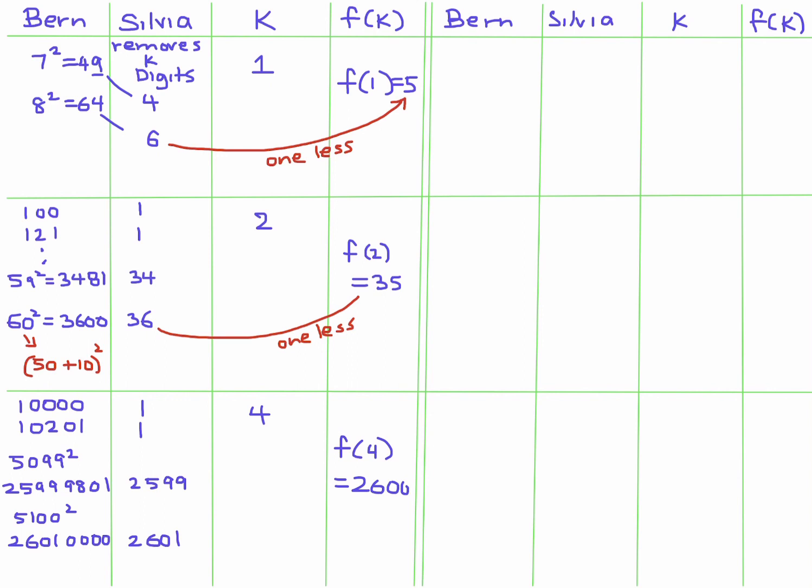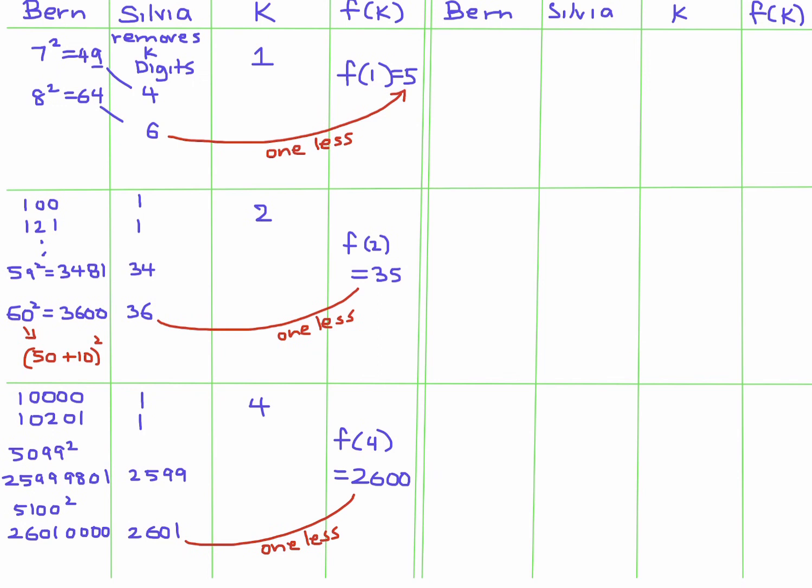I am fully aware that that is quite difficult and quite time consuming. So let's put in what we can get: 1 less. Now we have to figure out this number here. Well, 5100 is the same as 5000 plus 100, squared.